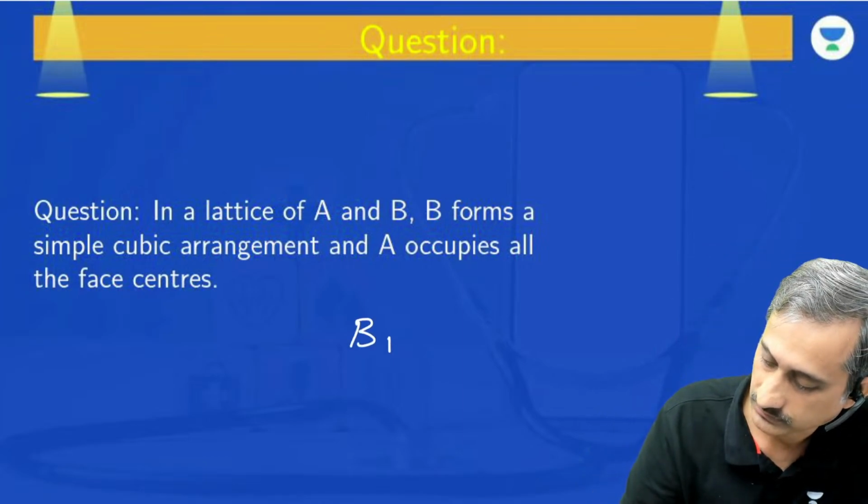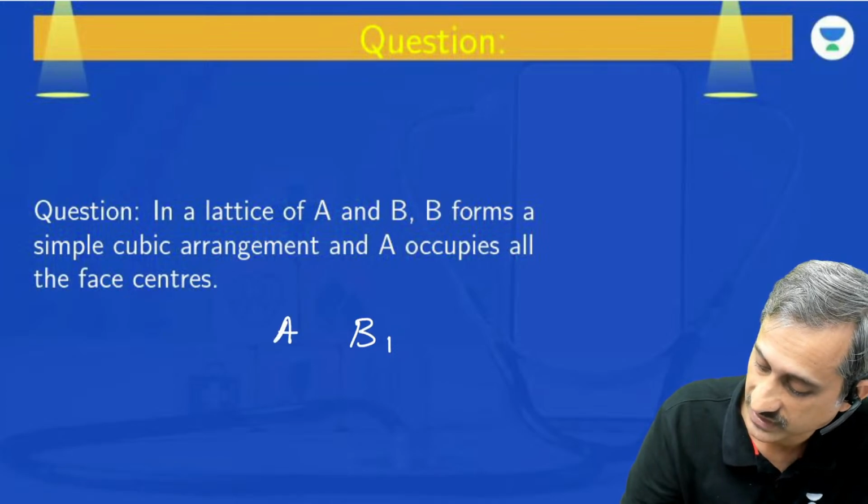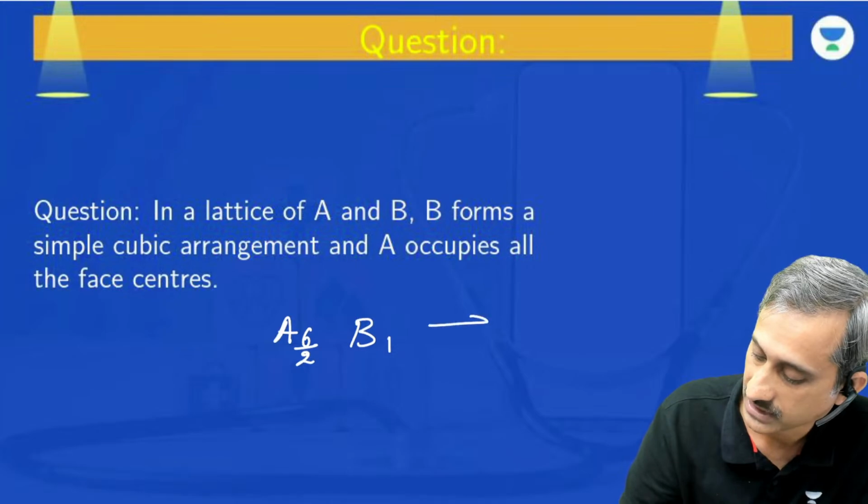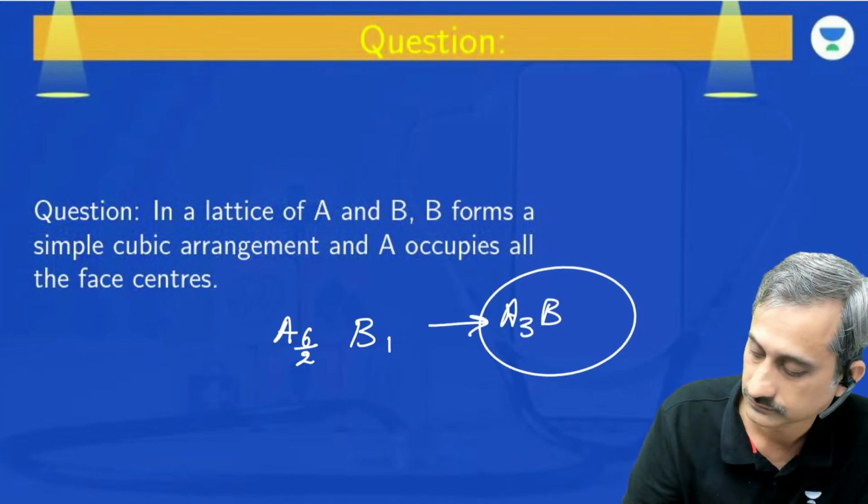B becomes 1. A occupies all the face centers. Face centers are 6 and each has a contribution of one half. So it becomes A3B. Getting it?